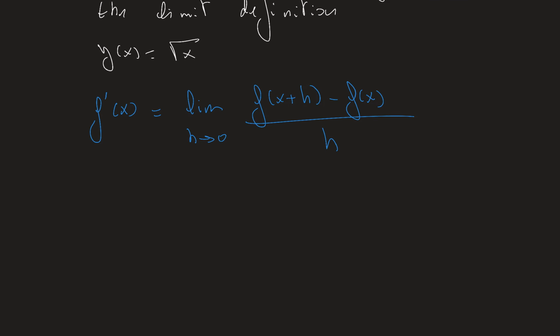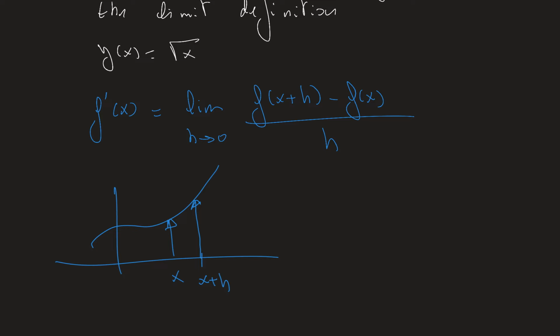What does this mean? It means you have the function f of x. You take the point x, and you take the point x plus h. The point x plus h will have a height, and the point x will have f of x. So you make this rise divided by the run.